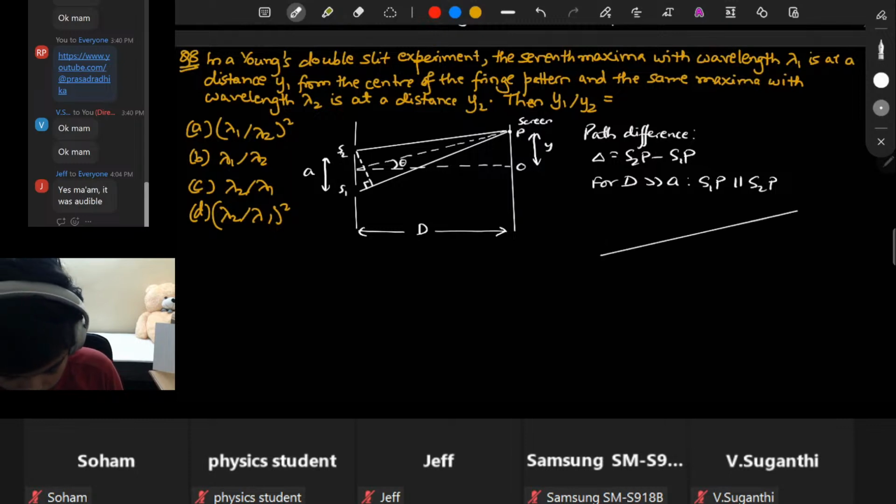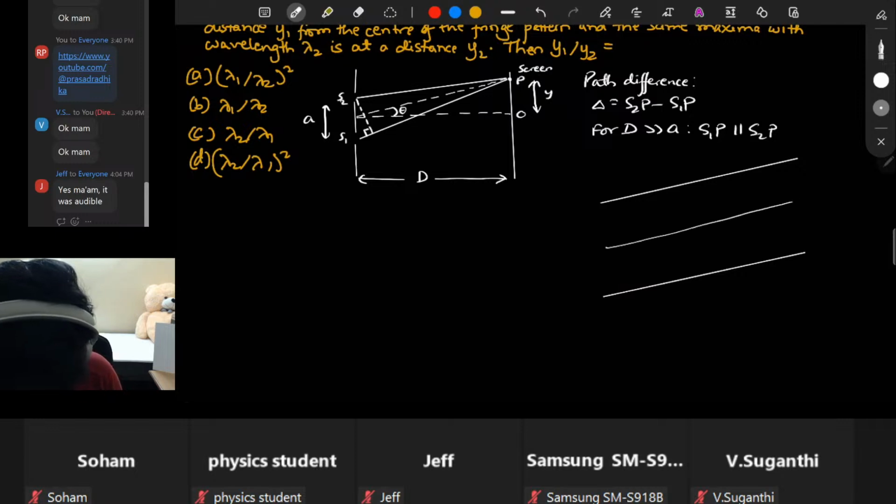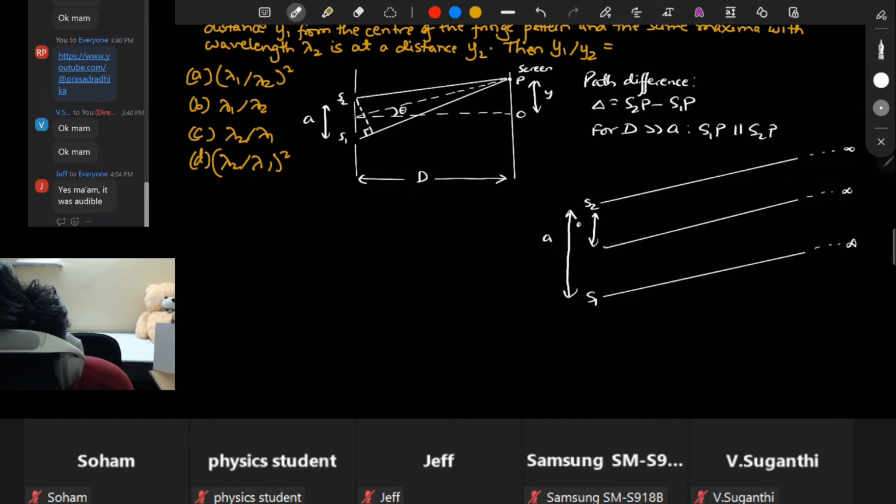We have this line and another line parallel, and then one line from the center. So this is my S2, this is my S1, and the screen is far away, so the rays go almost to infinity, to the point P on the screen. And this is from the center. If this is A, then this is A by 2.